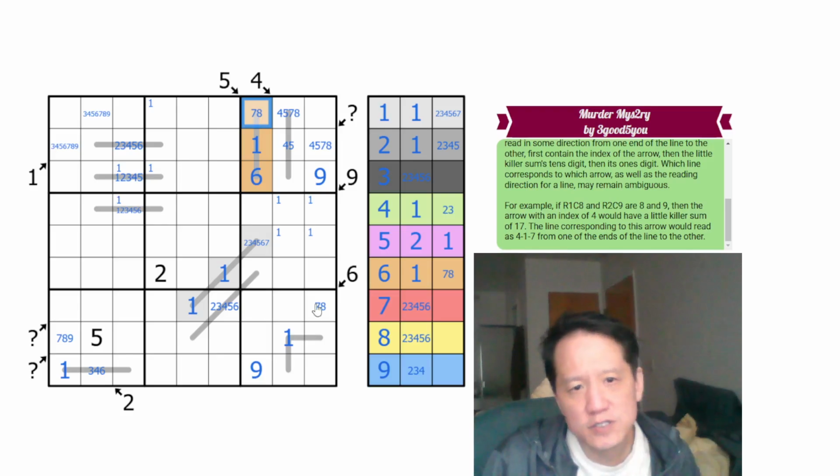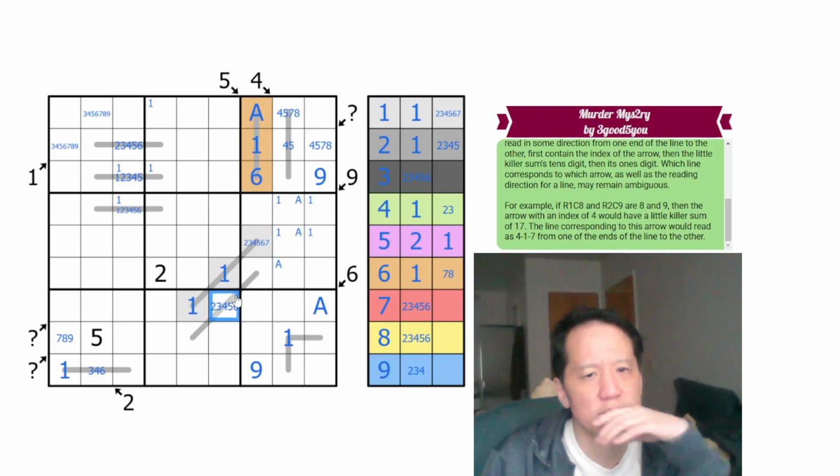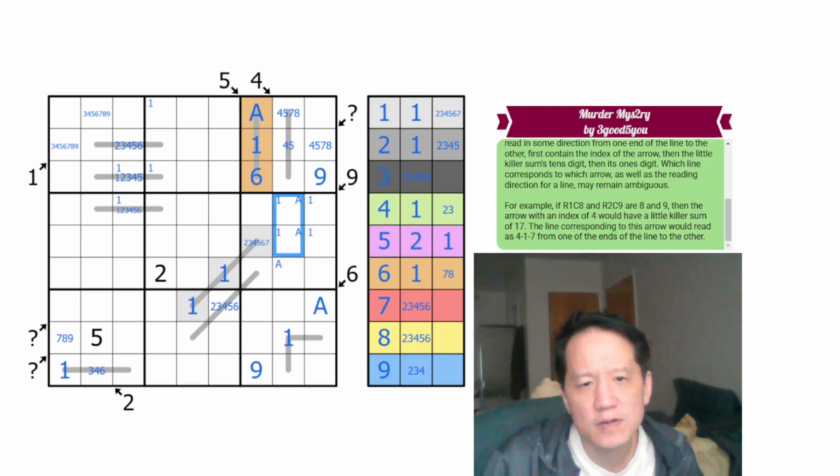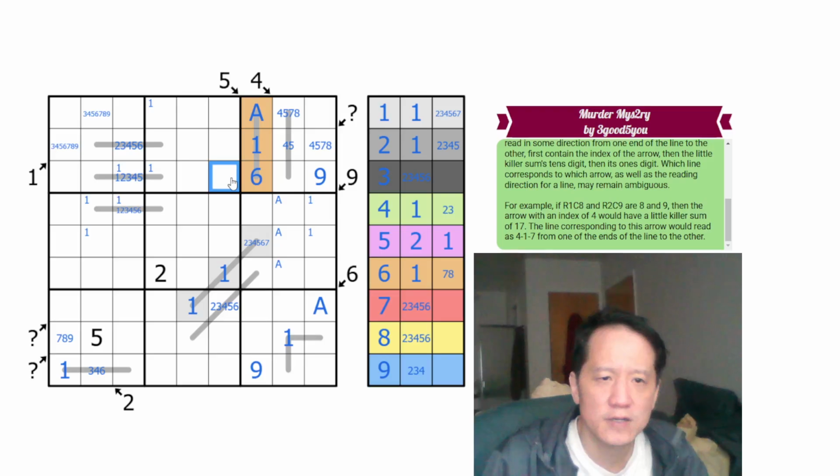So this digit is the same as that, which means it's one of these 3. This can't be 1. The 1 has to be one of those 2. The 1 can be any of these 3. The 1 here can be any of, oh, these 2.